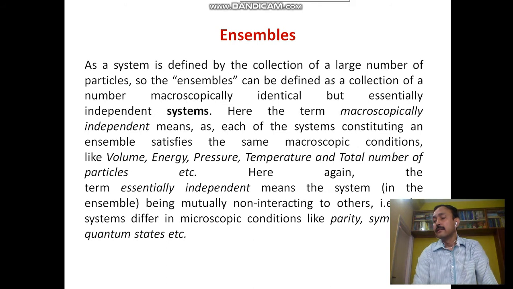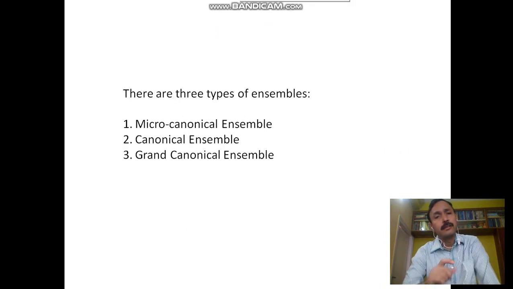In general, a collection of a very large number of identical, non-interacting macroscopic systems is called an ensemble. There are three types of ensembles: one, microcanonical ensemble; two, canonical ensemble; three, grand canonical ensemble.